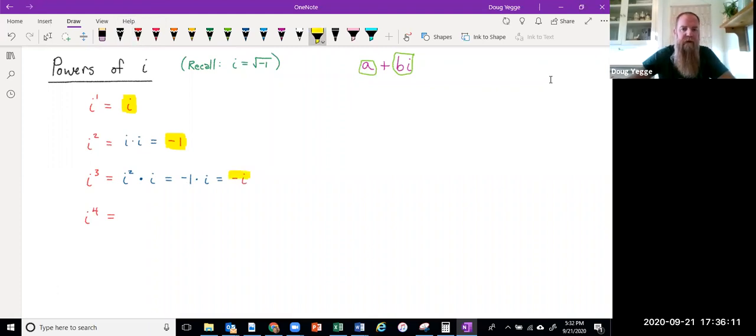So now i to the third power is simplified again to a basic imaginary number. So now let's look at i to the fourth. i to the fourth is i squared times i squared. But the reason that's helpful is because that's just -1 times -1. So i to the fourth is exactly the same as the real number 1.